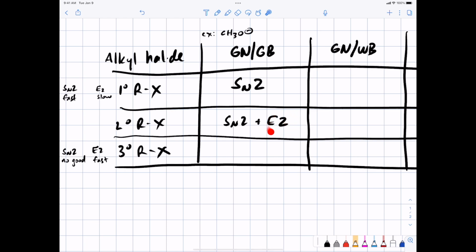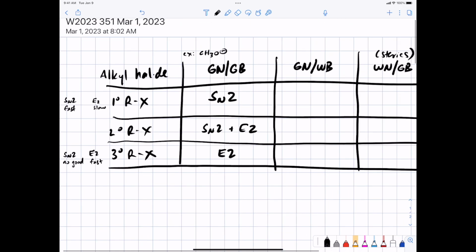Among the elimination products, we've talked about briefly how the more substituted, more stable alkene is the favored product, and we'll say a little bit more about that later today. For the tertiary alkyl halide, because SN2 isn't possible, all you've got is E2. All right. Now, if you just have a good nucleophile that's not a good base, then that simplifies things considerably for the primary and secondary alkyl halides.